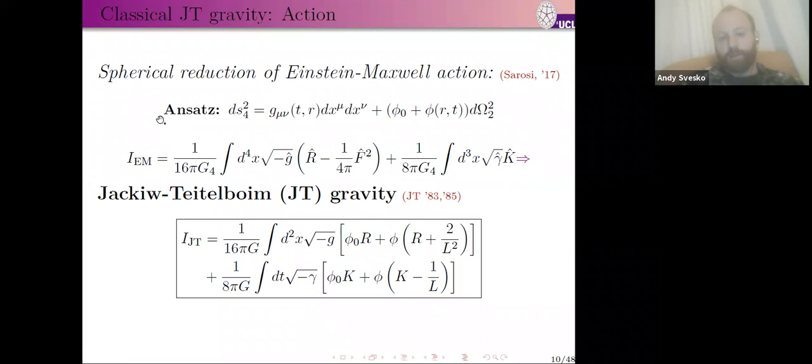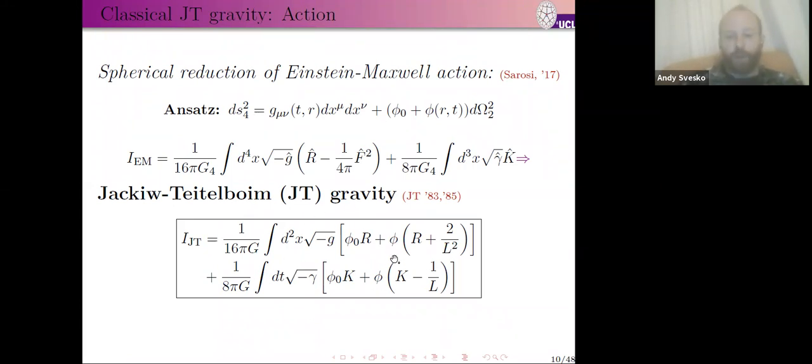Okay, so why dilaton gravity? Well, that's because it comes from a spherical reduction of the action that your charged black hole solution is a solution of. So here's the metric ansatz, where phi is the dilaton and phi naught is some constant, which I'll describe in a moment. If you plug this into the Einstein-Maxwell action and perform the usual dimensional reduction, you find with a little bit of work the Jackiw-Teitelboim, or JT, gravity action.